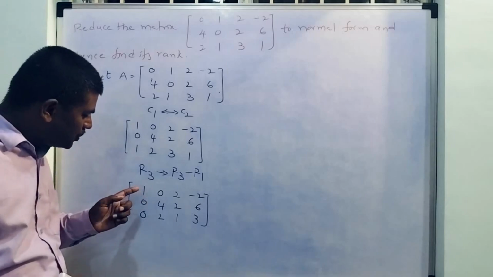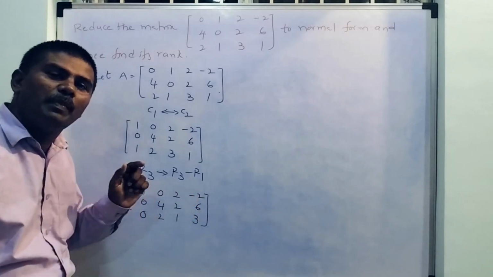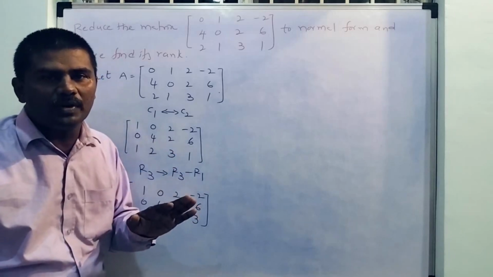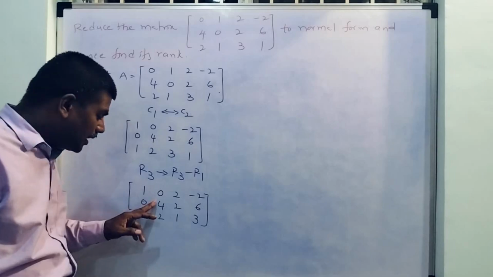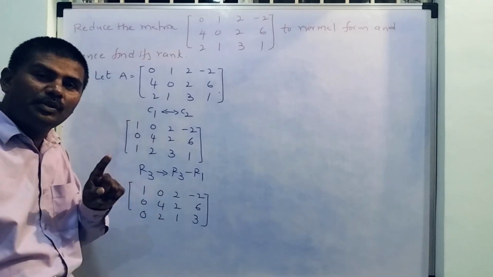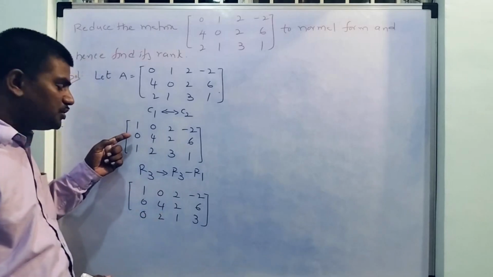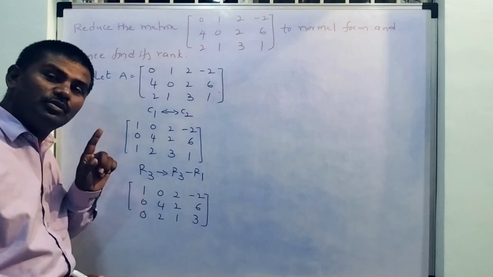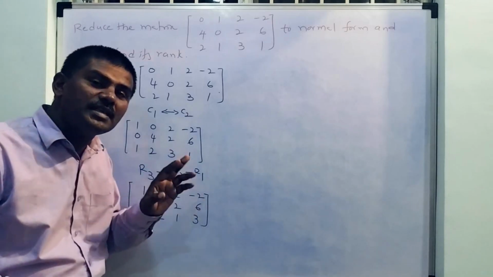Now use the same element and make these 2 elements 0 by applying elementary column operations immediately. Don't go for this element and try to make this one 0. First of all, you need to apply elementary row transformations and make these 2 elements 0. And then you have to use elementary column operations and make these 3 elements 0.